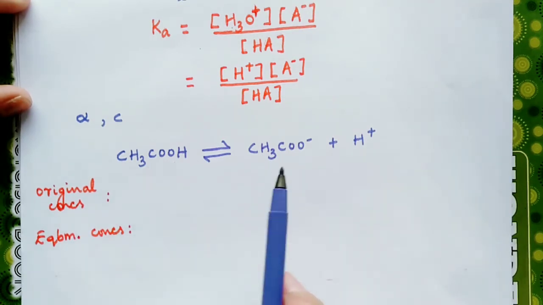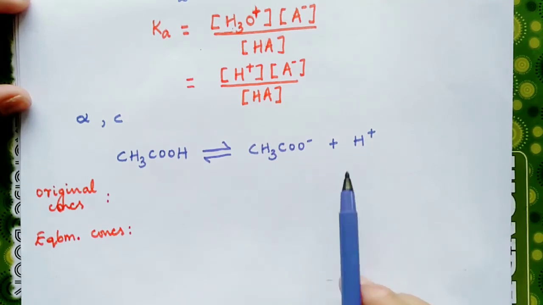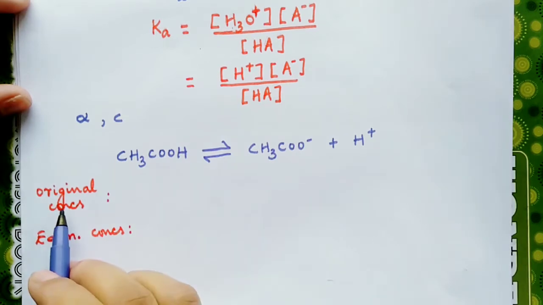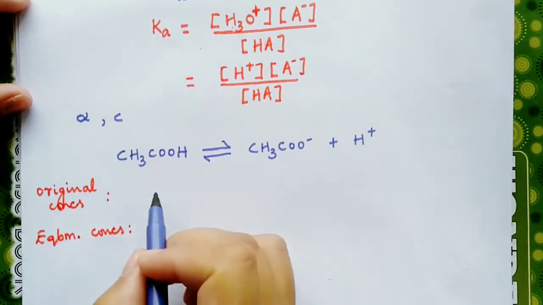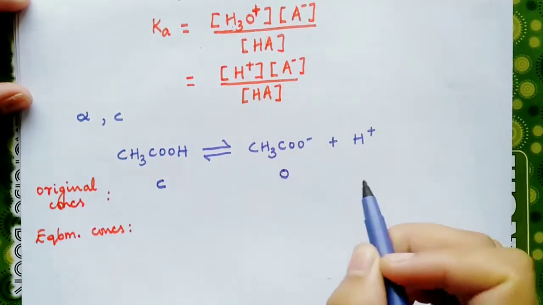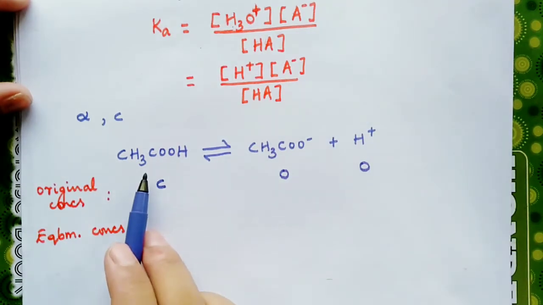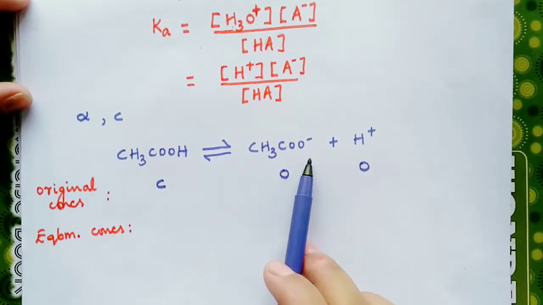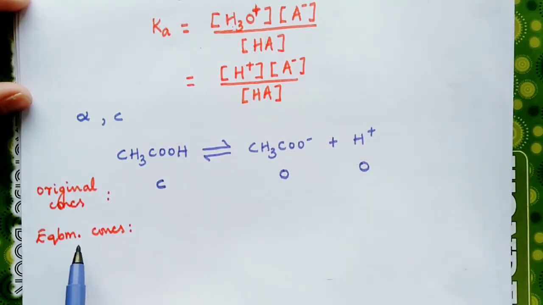It dissociates into CH3COO-, which is the acetate ion, and H+. Initially, the original concentration of acetic acid is C, and for the ions it is 0. Now this acid dissociates into CH3COO- and H+, and then an equilibrium is reached.